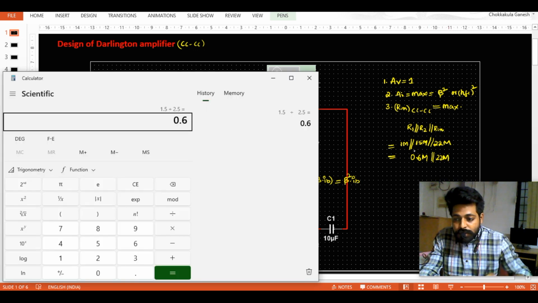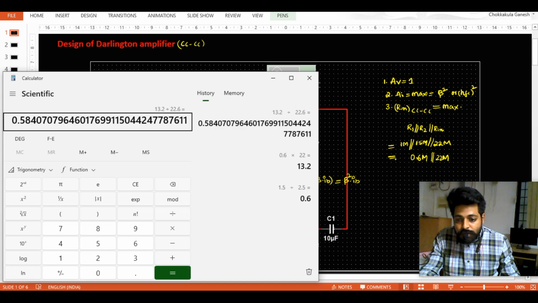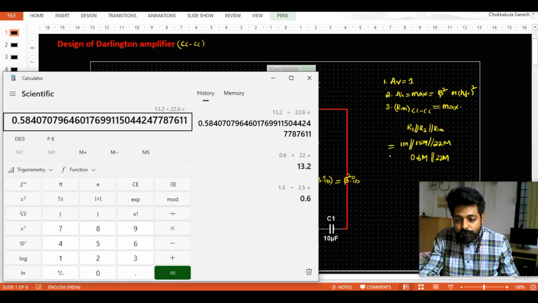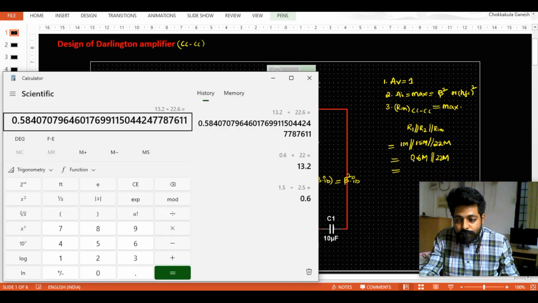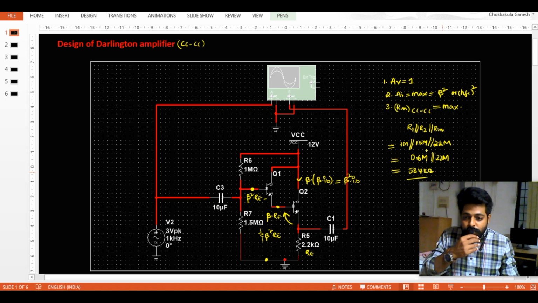If I write it as 22 divided by 22.6, it's around 584 kilo ohms.